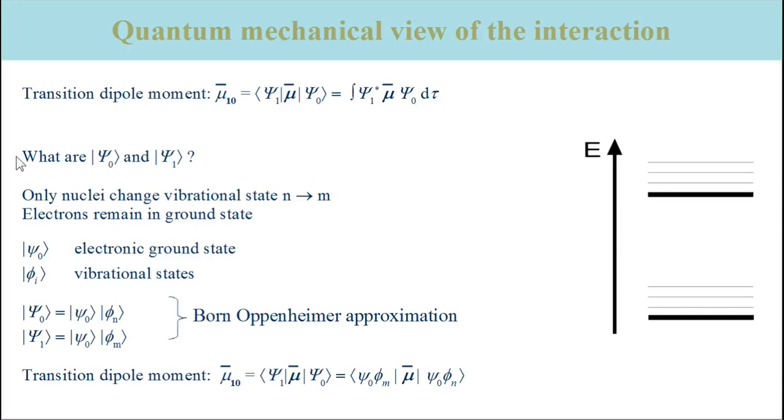When we now use the Born-Oppenheimer approximation, we can write the state vectors psi 0 and psi 1 as products of the state vectors of the electrons and of the nuclei. Psi 0 is the product of the electronic ground state vector with a nuclear state vector for state n. Psi 1 is the product of, again, the electronic ground state vector with the nuclear state vector for state m.